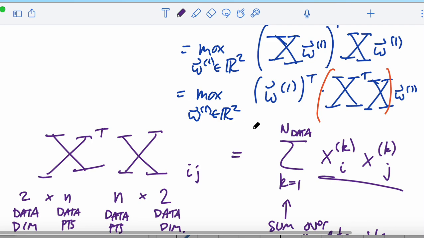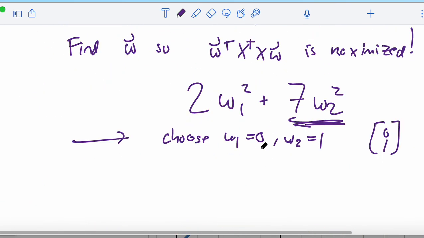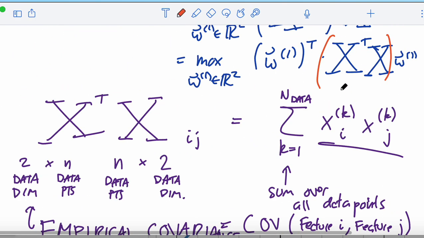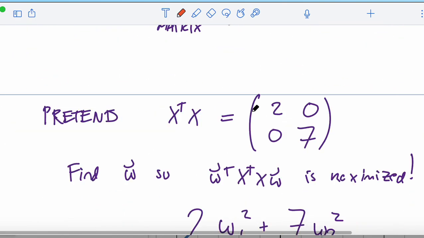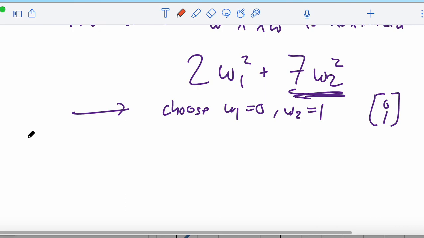So if you look at the matrix X transpose X and do its eigenvectors and eigenvalues, what this is saying is the solution is the largest eigenvector. So when it's diagonal, the solution is obvious, and when it's not diagonal, you make it diagonal in the eigenvector basis, and the solution is the largest eigenvector.